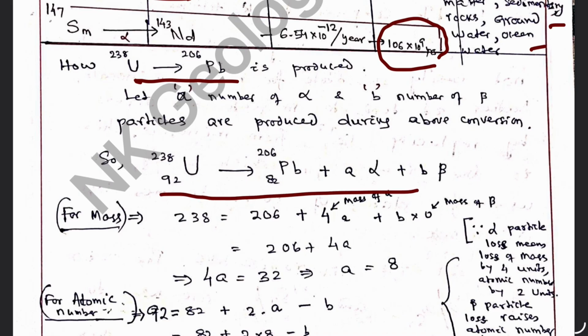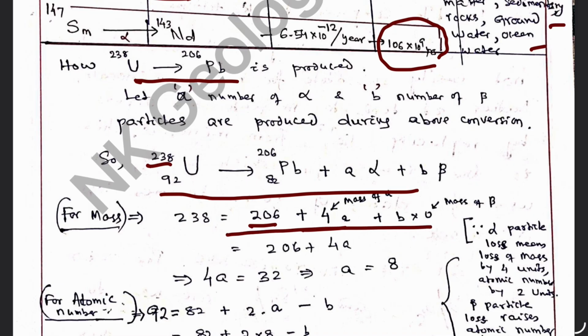We have the mass of uranium-238, which converts into mass of Pb, that is 206, plus 4 times the number of alpha particles produced, plus number of beta particles times 0.